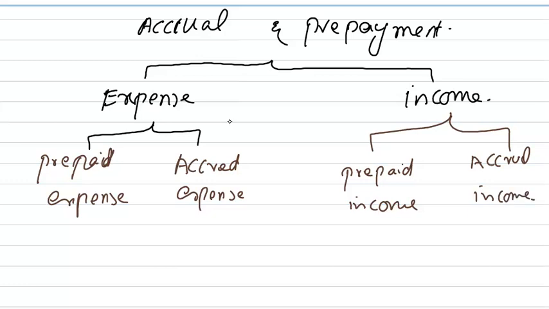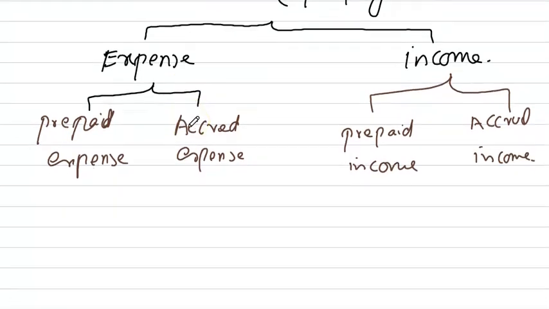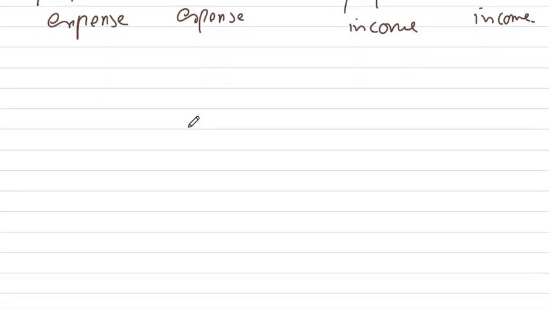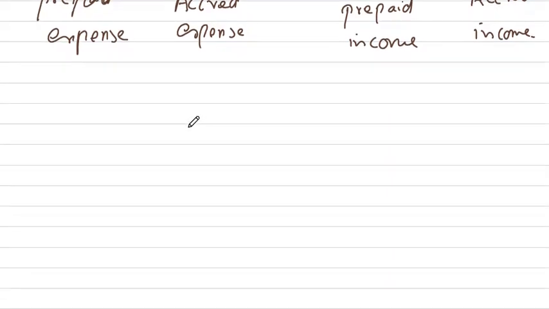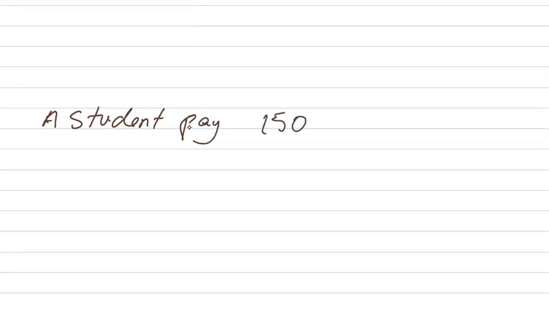Okay. Right now, I will write a sample question. Then we will explain the concept of the accrual and prepayment for both parties. Let me write one: a student pays 1500 pound in advance.